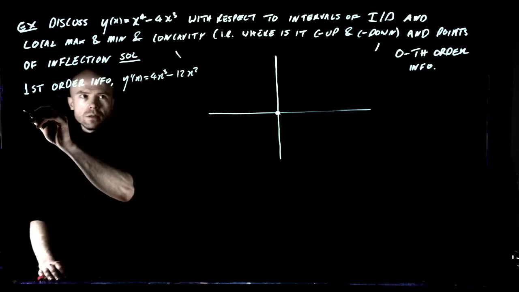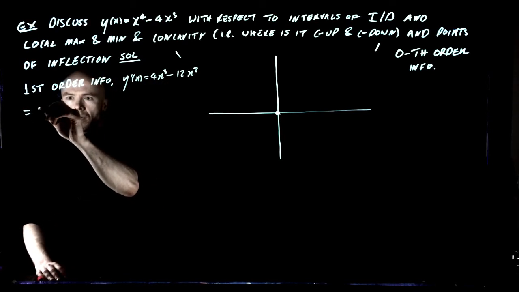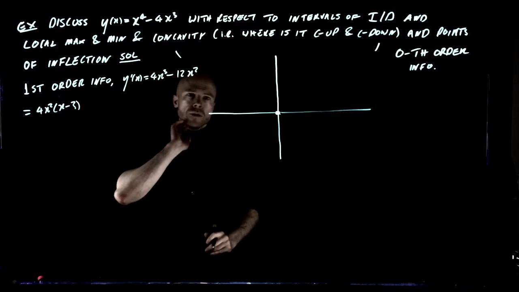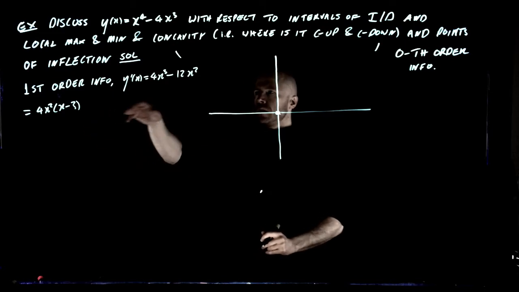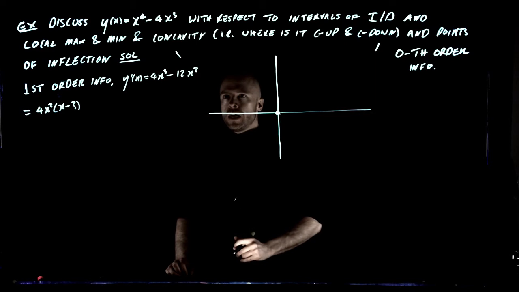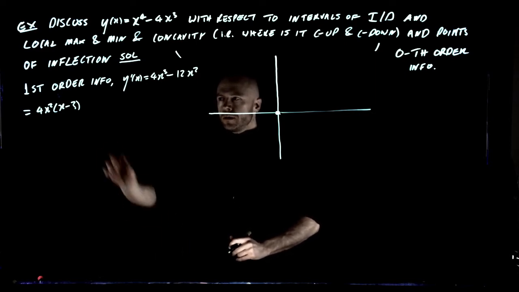Let's factor out a 4x squared. And we're just going to have x minus 3. Okay, so I know that the derivative is 0 at 0, and I also know it is 0 at 3.